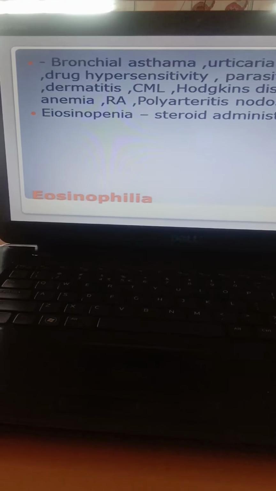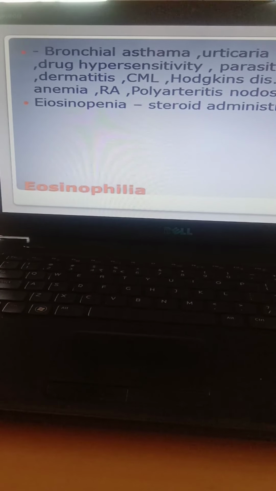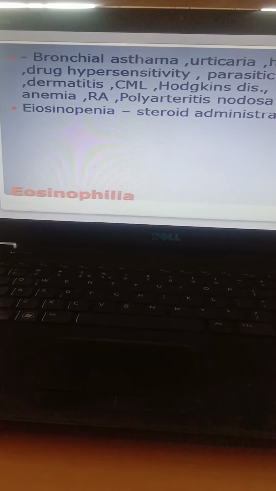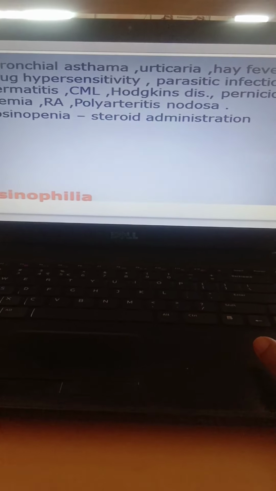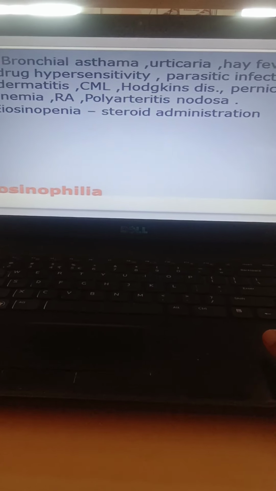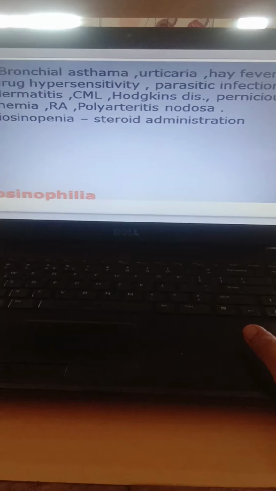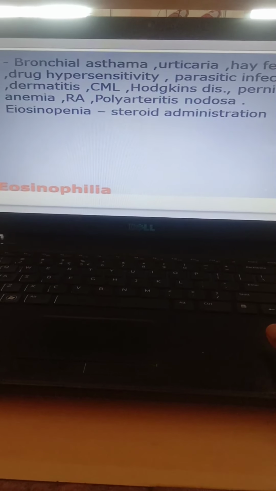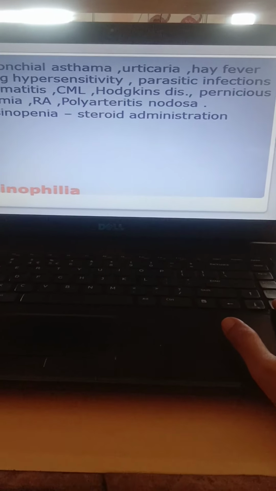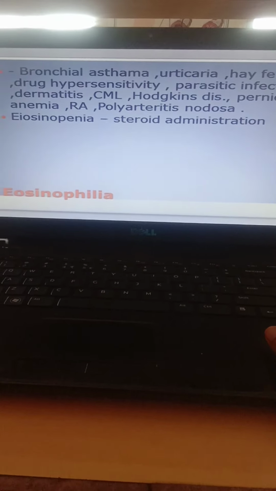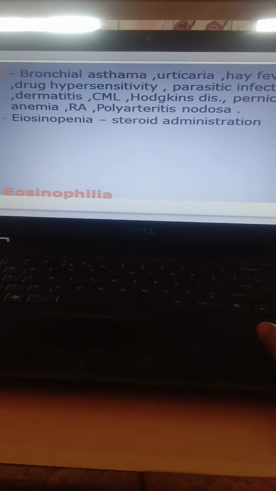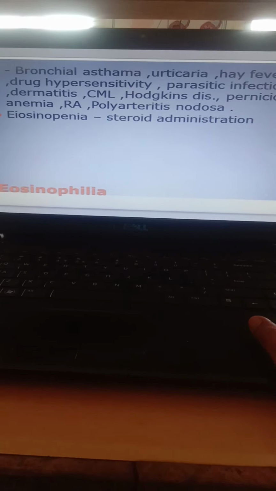Then the fourth is the eosinophil count, that is eosinophilia, an increase in the amount of eosinophils: bronchial asthma, urticaria, hay fever, drug hypersensitivity, certain parasitic infections like hookworm, roundworm and tapeworm infestations, various dermatitis, chronic myeloid leukemia, Hodgkin's disease, pernicious anemia, rheumatoid arthritis and polyarteritis nodosa.